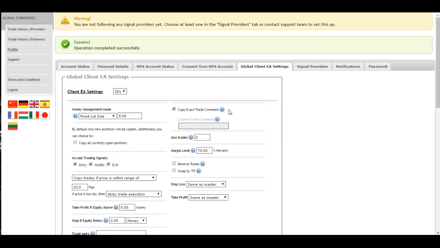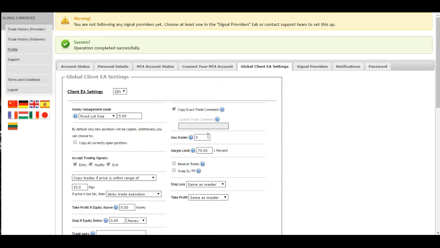In that area, you have comments, and we typically don't use comments, but having this selected or deselected, you can put in your own trade comment like, I'm a boss, and basically the broker sees this. If you have I'm a boss on all your trades, they're probably going to go ahead and shut you down.